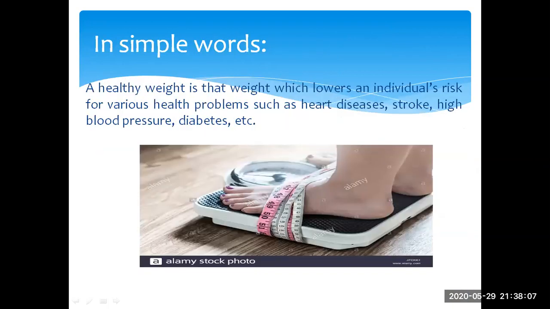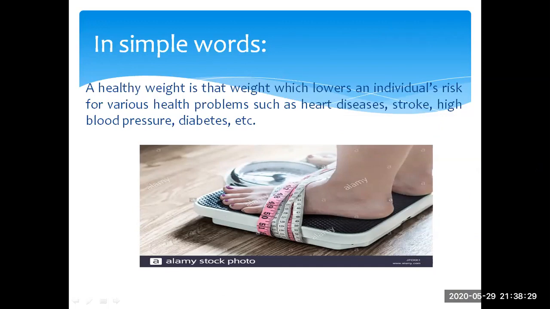In simple words, a healthy weight is that weight which lowers an individual's risk of various health problems such as heart disease, stroke, high blood pressure, diabetes, etc. So only having a muscular bicep and a muscular body is not enough. You cannot say that the individual is healthy.